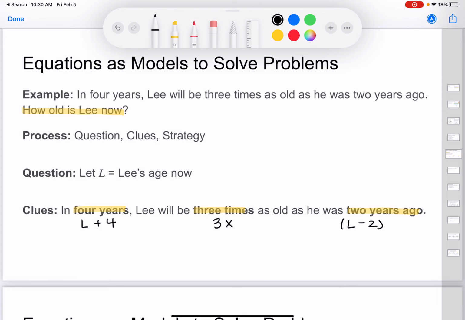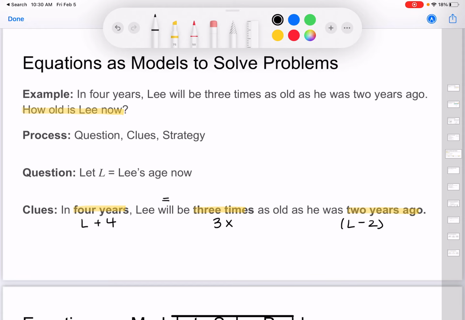Now what we want to do is see if we can create a problem out of this to find how old she is now. What we can actually do is identify that in 4 years she will be, so is equal to, three times as old as she was 2 years ago.